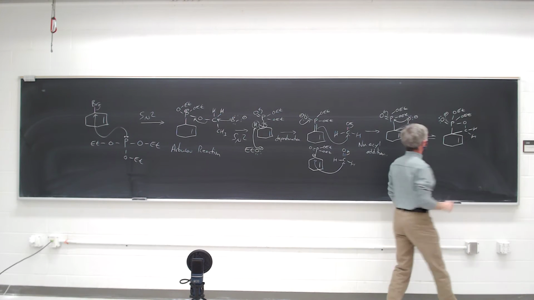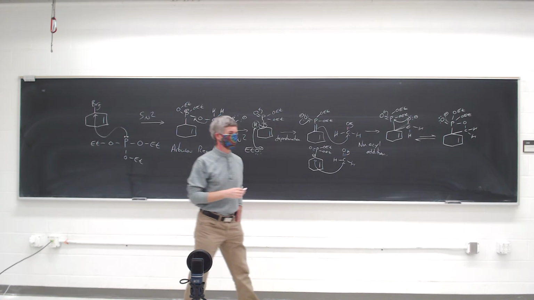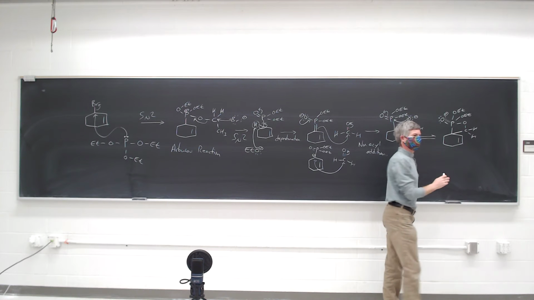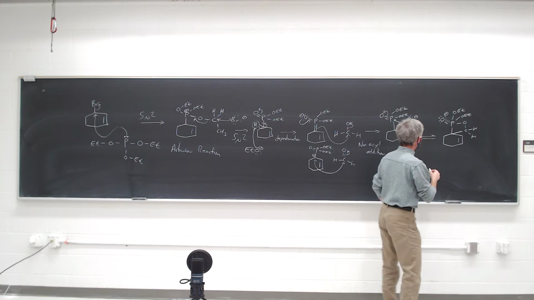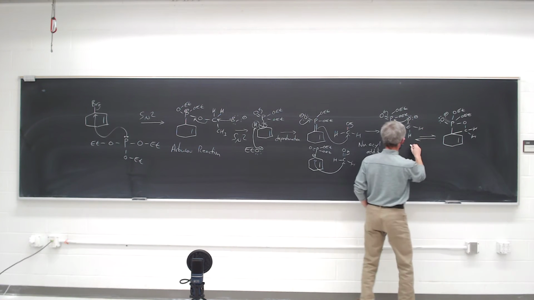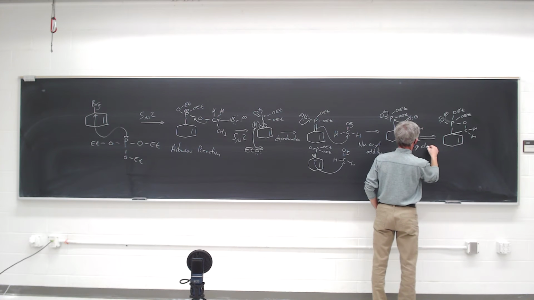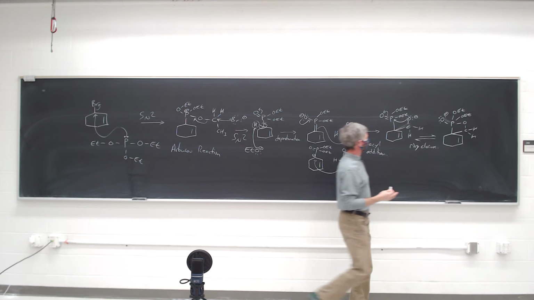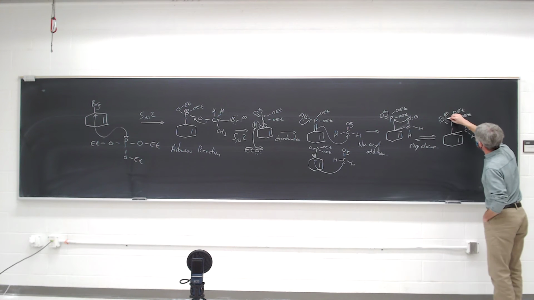Now we have a pentacoordinate phosphorus, right? So it's got a trigonal bipyramidal arrangement around it. And then in the last step, so this is ring closure, that's step 5. And then the last step is going to be for this pair of electrons to come back in.